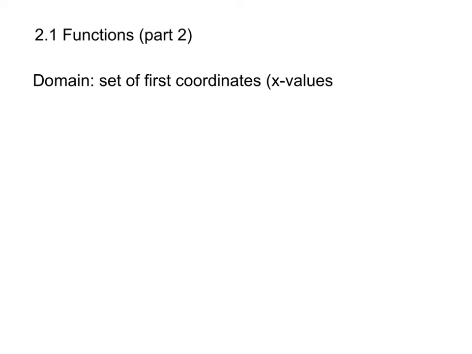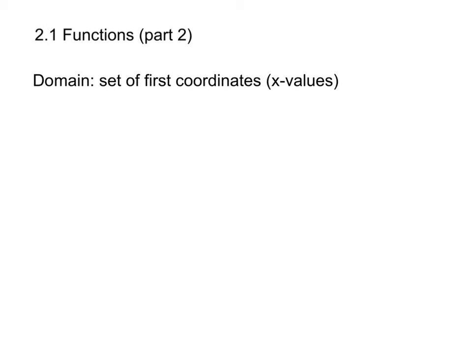When we talk about domain, people like to think about domain as the set of first coordinates, or the x values. And when I think of the x values, I think about the acceptable x values.